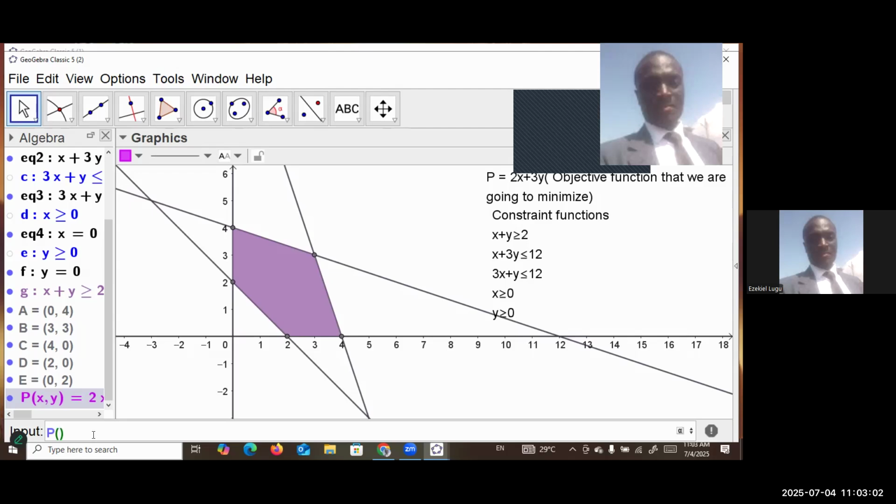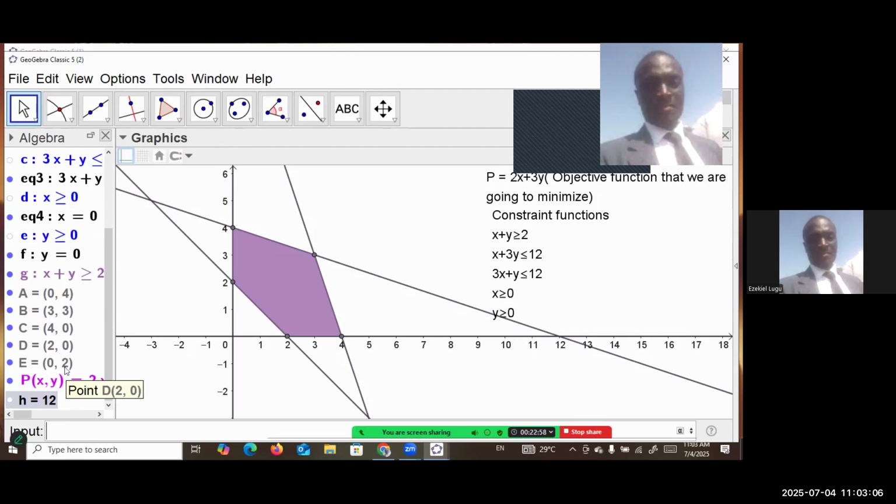Just go there. So A, type it, and B. You can see that when you are typing, you are getting the values of the function at each of the points, right? So P of B, you do it for all.